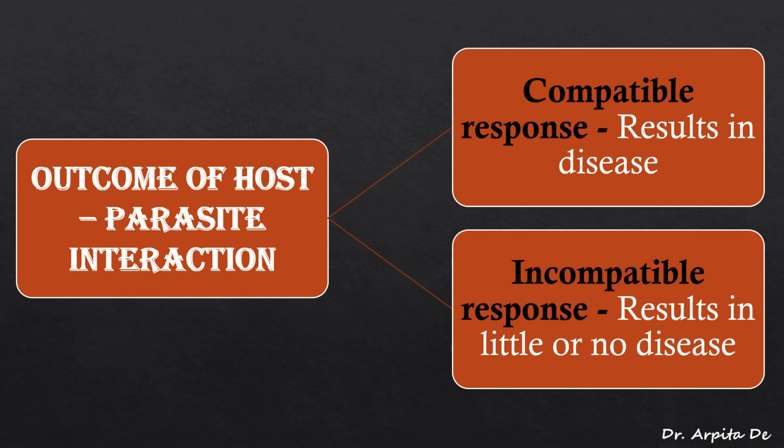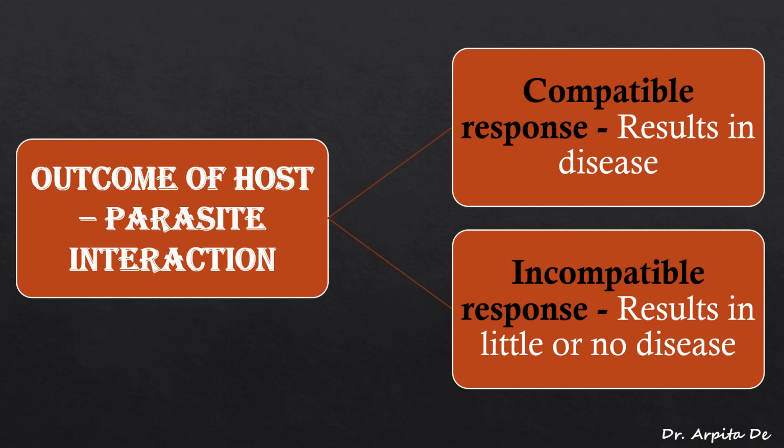So, to produce the disease, there must be an interaction between the host and the pathogen. Fine. Now, this host pathogen interaction or host parasite interaction will have two outcomes. One is compatible response, the other is incompatible response.